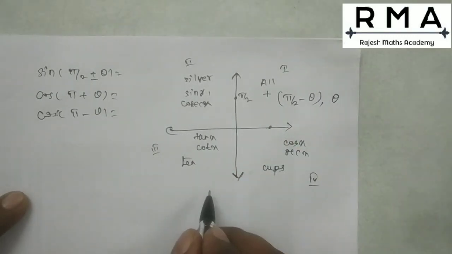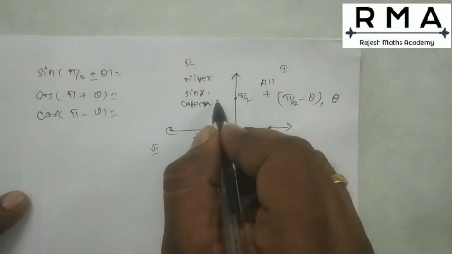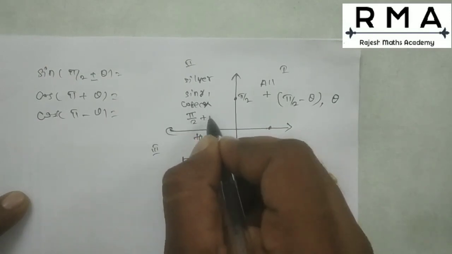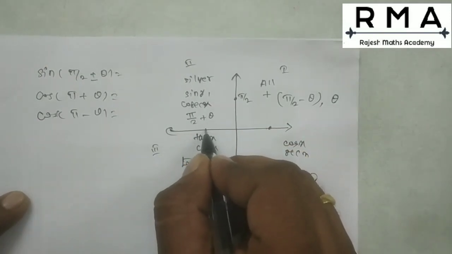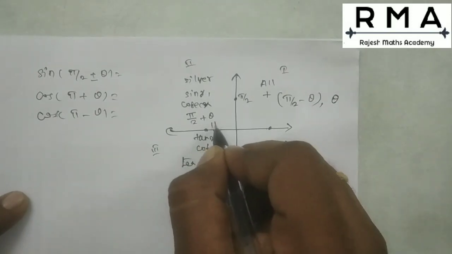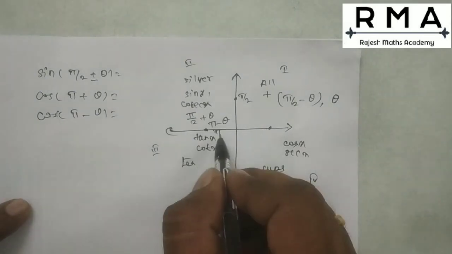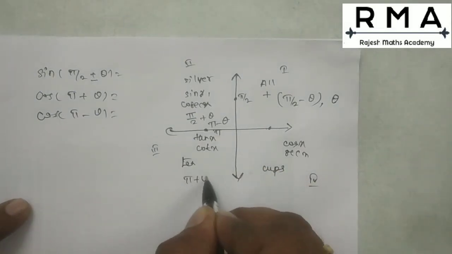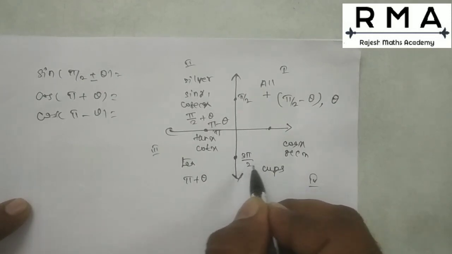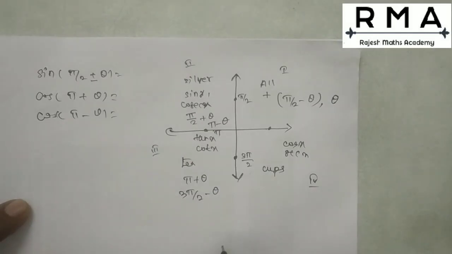Second quadrant: it is more than pi by 2, so we can mention it as pi by 2 plus theta. This angle is pi, so if you are referring from this line, we can say pi minus theta. And the third quadrant is pi plus theta; this is 270 degree, that is 3 pi by 2. So we can write it as 3 pi by 2 minus theta.